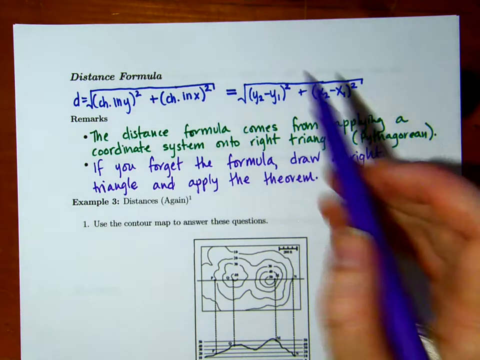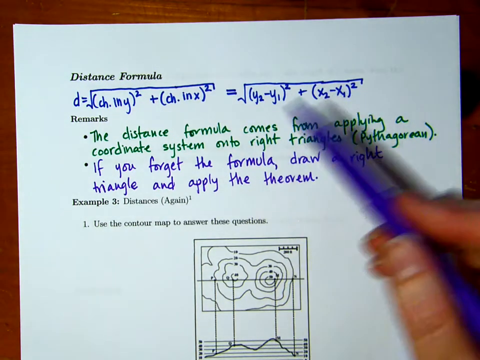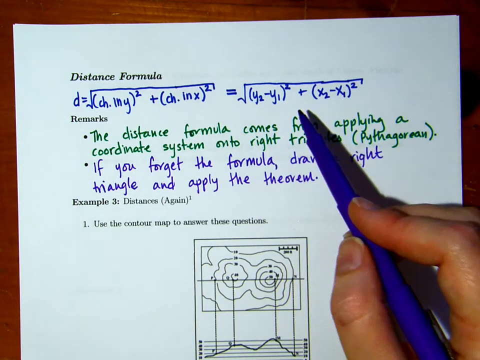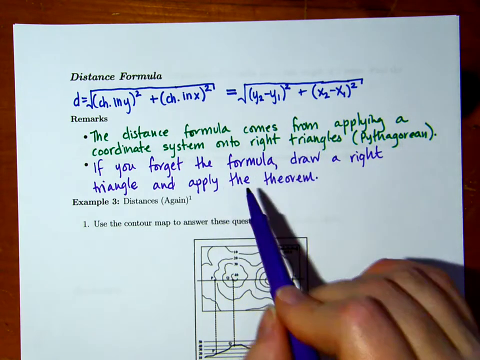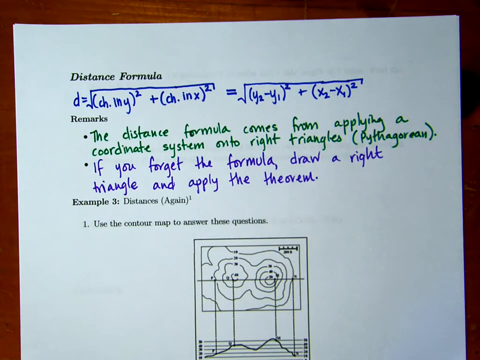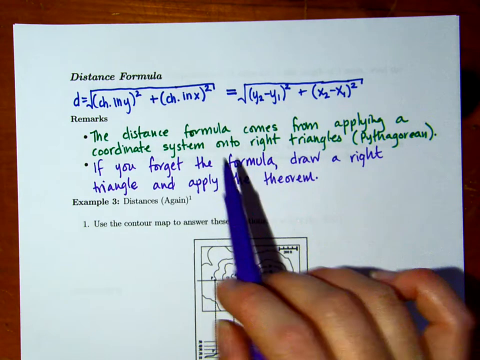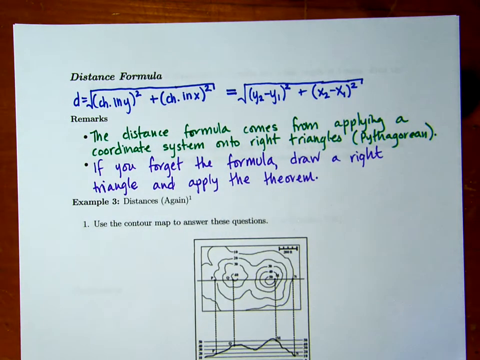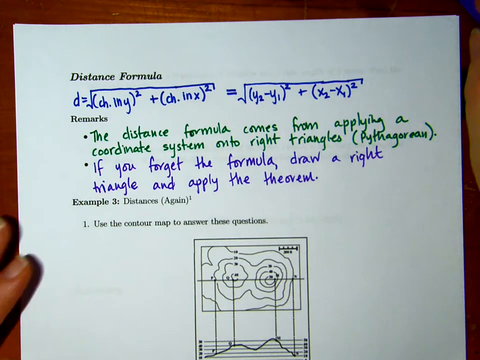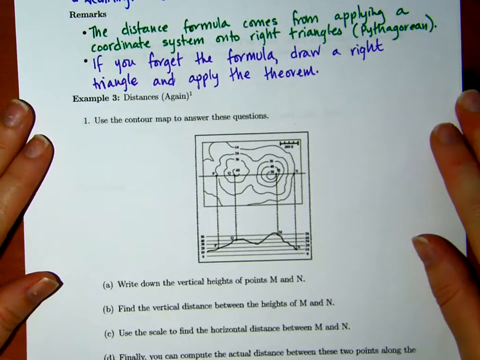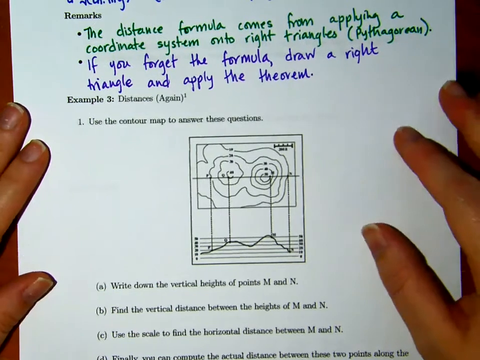Yeah? I mean, if you forget this, because it looks pretty fancy and like high tech, but it's really not. It's really just us using the Pythagorean theorem. So if you forget that formula, just go ahead and draw yourself a right triangle and apply the theorem to it.